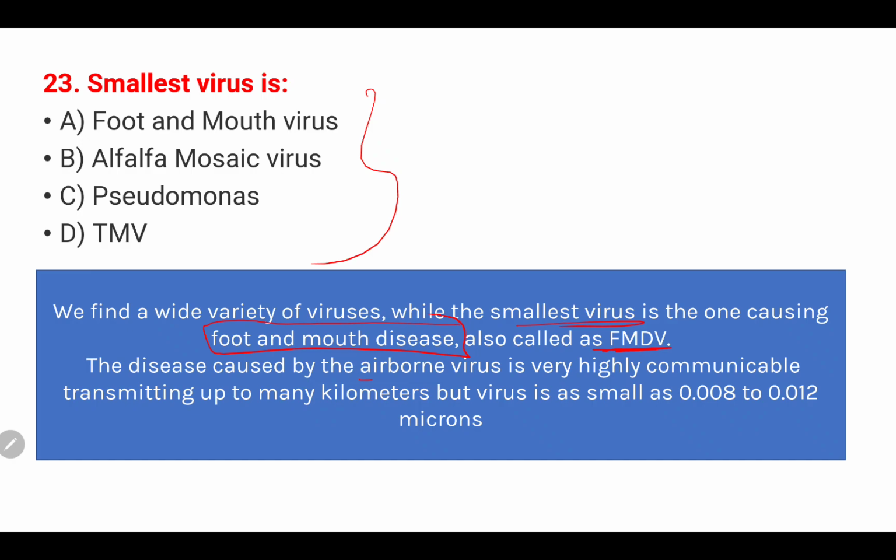It is due to an airborne virus and it is very highly communicable and transmitting up to many kilometers. But that virus is as small as 0.008 to 0.012 microns. So the smallest virus is what? Foot and mouth virus. So option A is the right option for this.